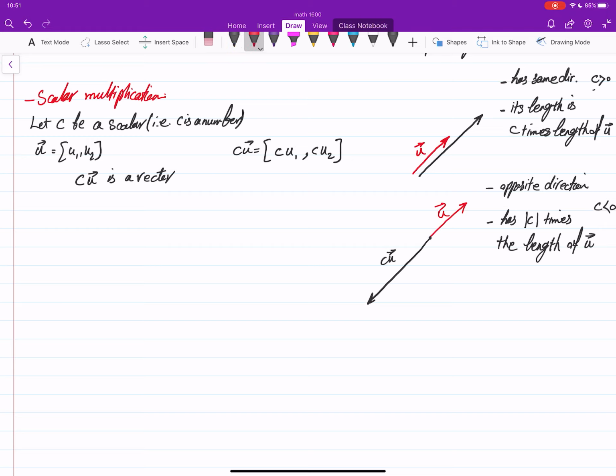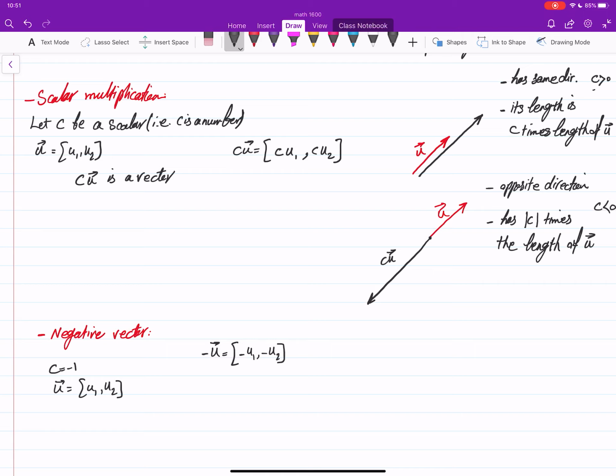There is a special case of this, which is called a negative vector. It is when c is negative 1. So u is [u1, u2], and the way we denote it is negative u. This is the vector [minus u1, minus u2].